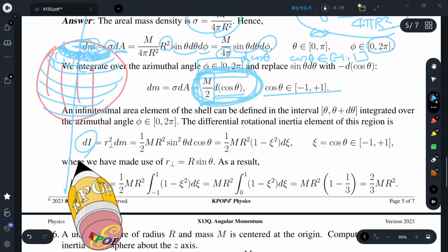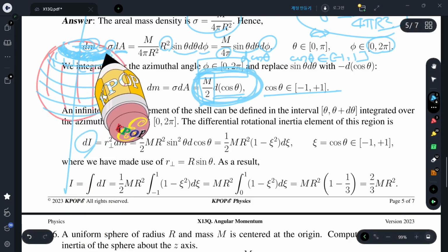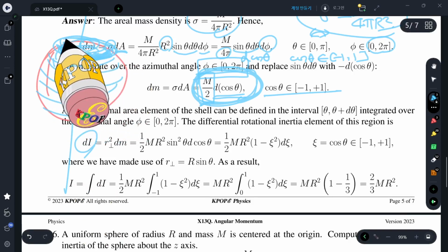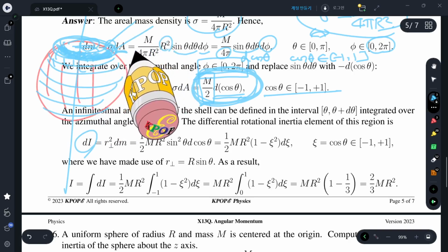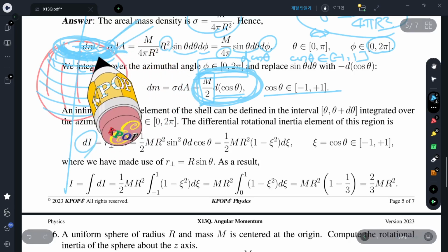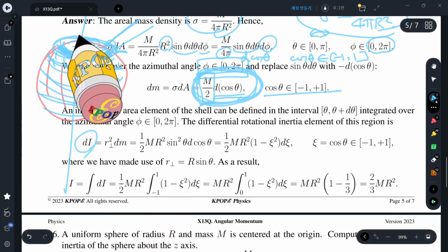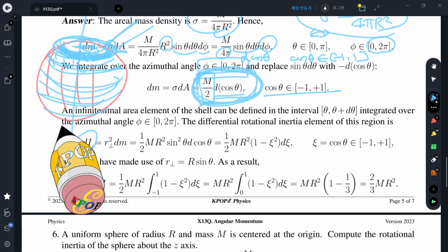I evaluate the small part, integrate it over the azimuthal angle, slice it in this manner and collect everything together. That becomes the integral.